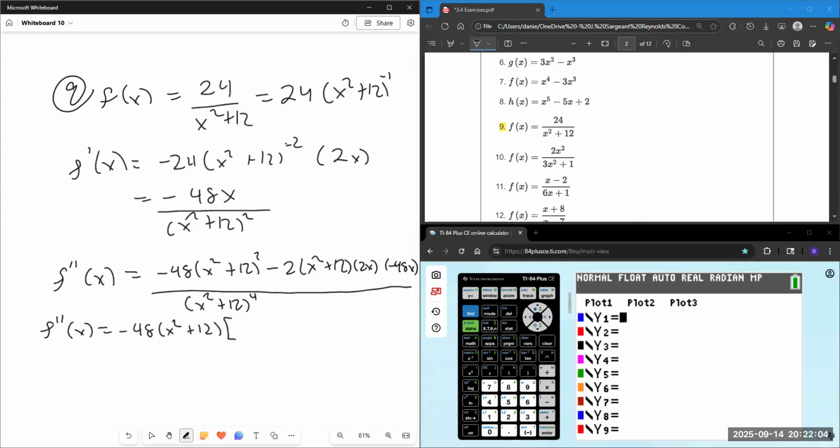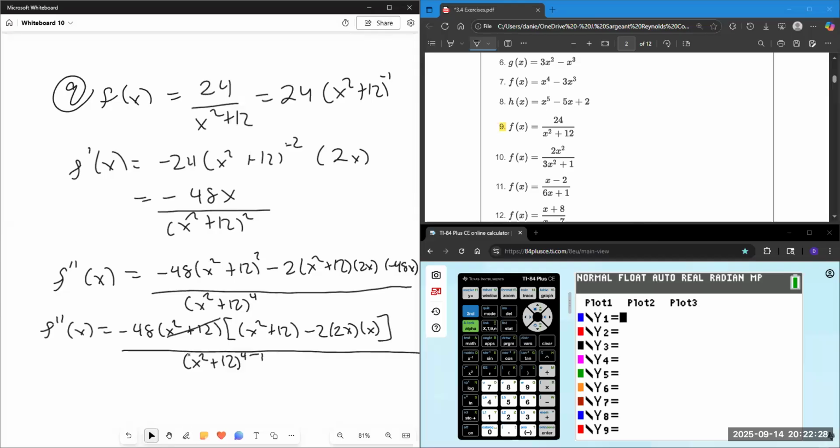And that leaves me with x squared plus 12 minus 2x times x, over x squared plus 12 to the fourth.